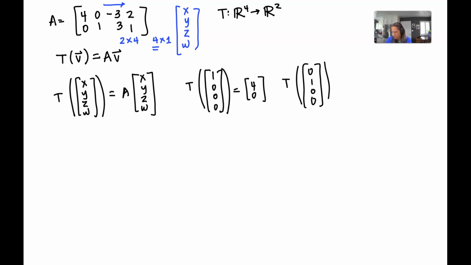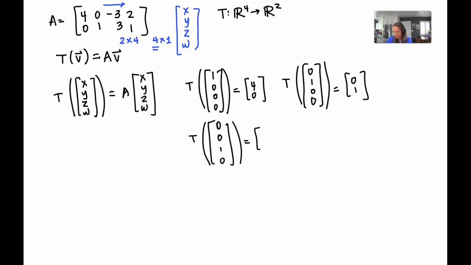That standard basis vector would map to 0, 1. And then we can continue on with 0, 0, 1, 0. And these are just the corresponding columns of that standard matrix, right? Cute. So that's another way we could have written this transformation.